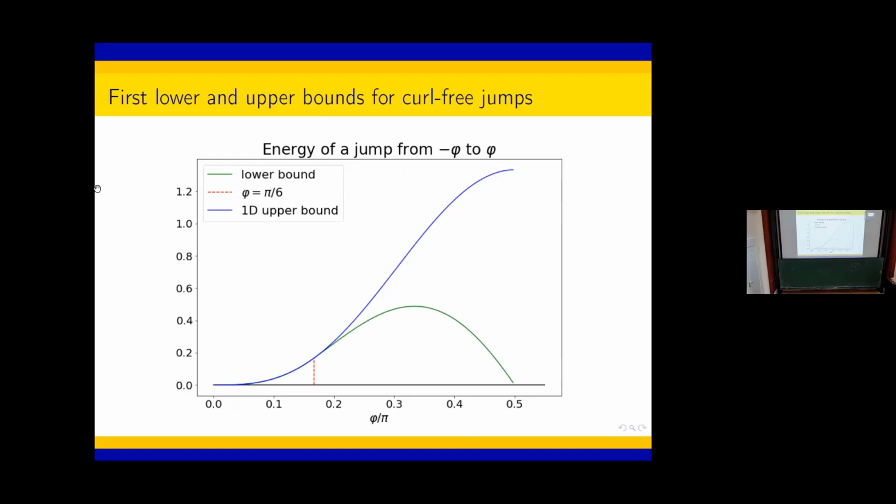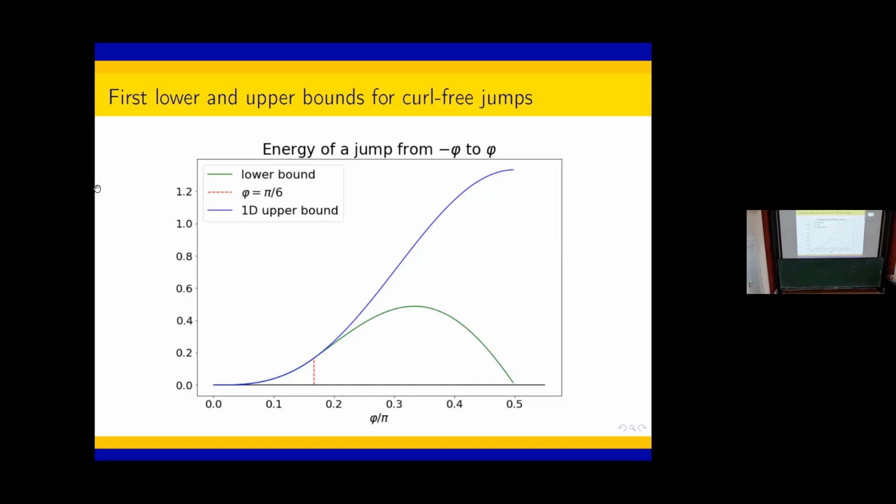Here it's pi over 2, here is 0, and here is pi over 3. Here is the upper bound, which is given by the 1D transition, and from 0 to pi over 6 it's a match. So I cannot do better than the 1D transition.